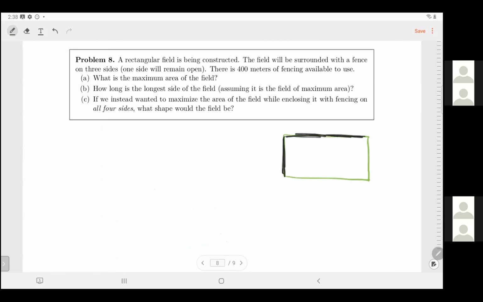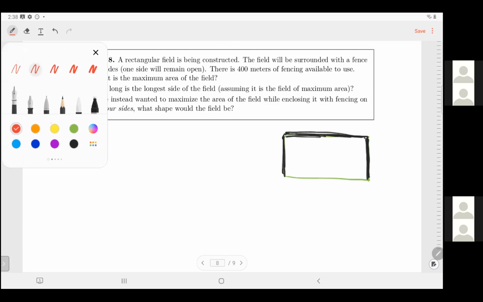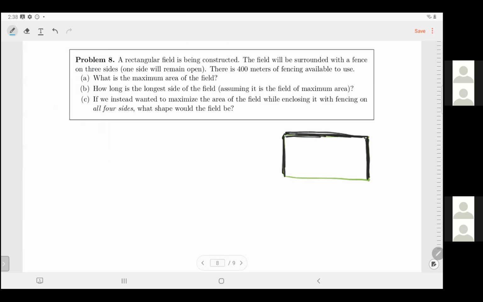They don't tell us which sides are surrounded by the fence, but maybe you can think about why it doesn't really matter in the end. It'll work out either way. And then I'm going to go ahead and label my sides. I'll say this is X, this is Y. And we know that there's 400 meters of fencing available to use.